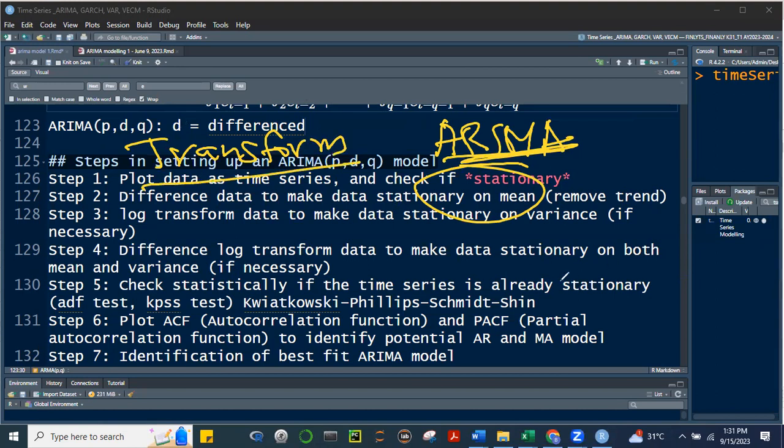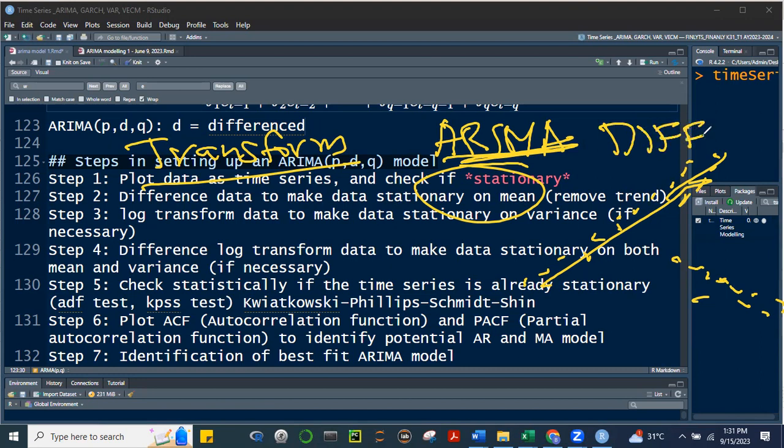If the data shows trend, if it's going up like this, or going down over time, if it's increasing over time, that means there's a trend. So how do we address the trend? We do differencing. So you difference your data. If it's going down, same thing, you also difference your data.